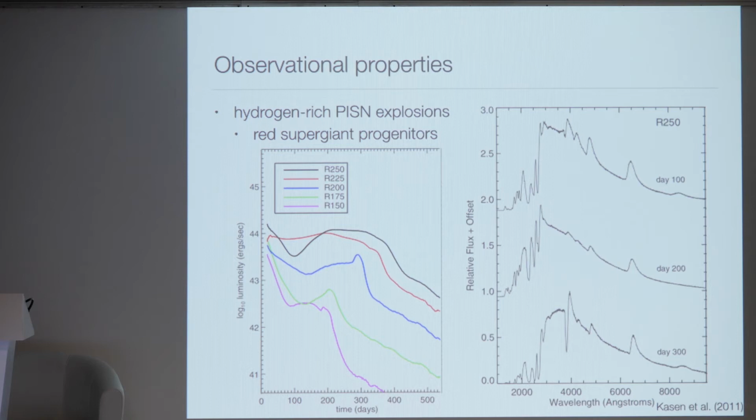So these are some results of calculation showing how they look, in this case from 150 solar masses to around 250 solar masses.